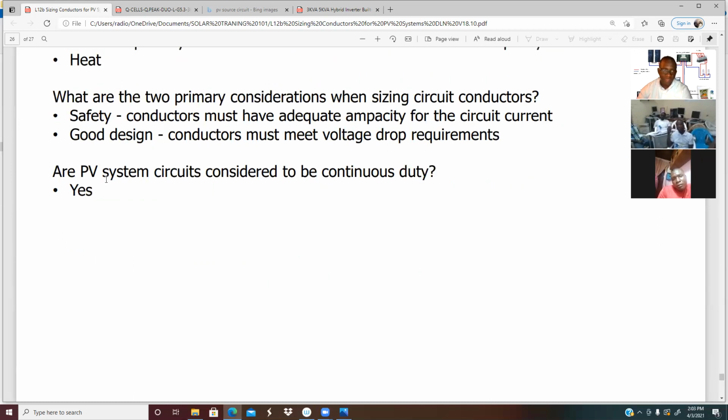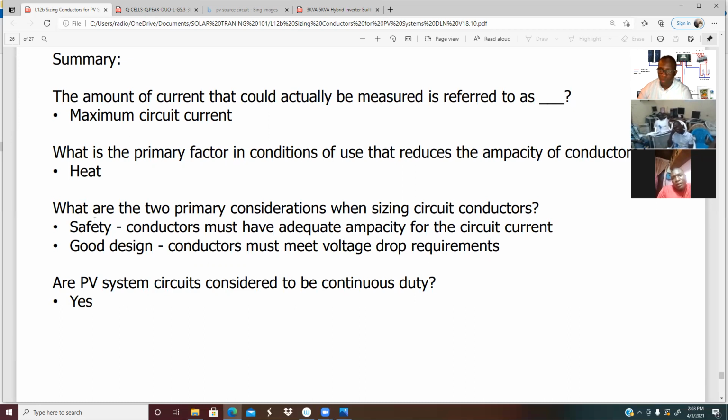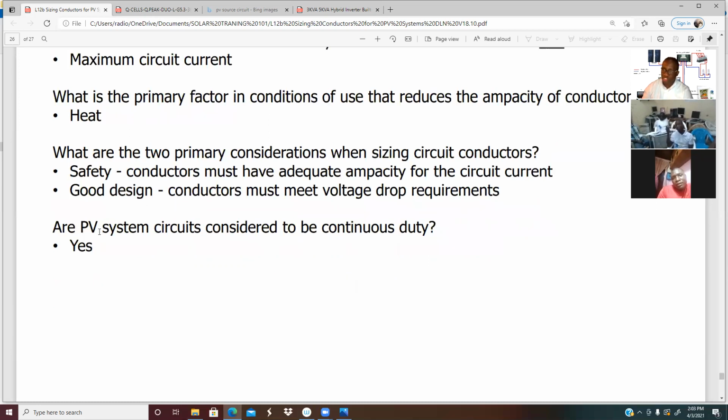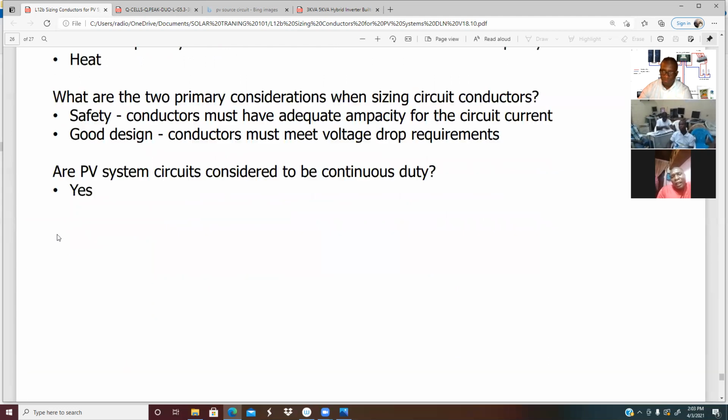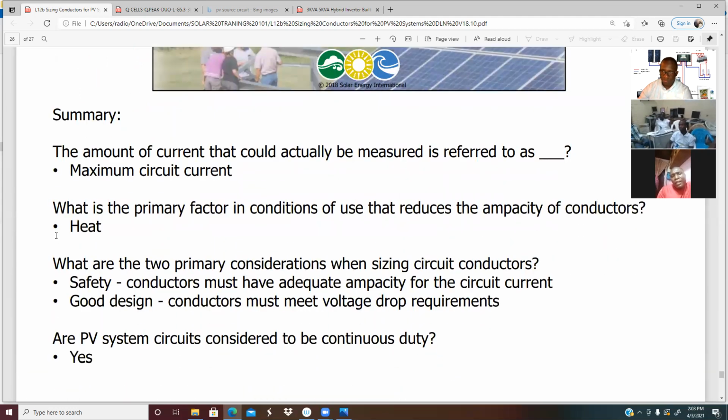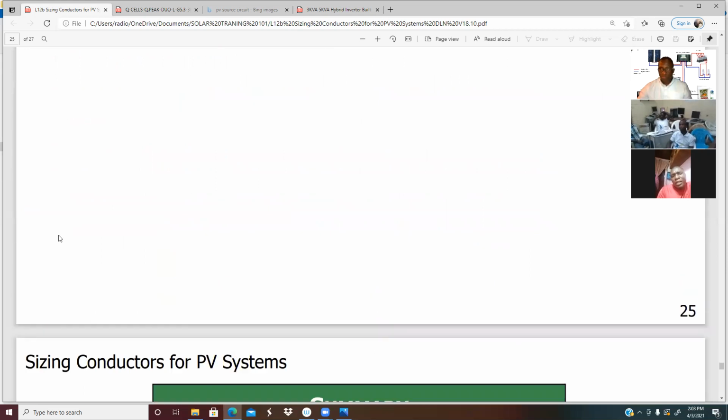Then they ask, are PV system circuits considered to be continuous duty? Yes. Remember we spoke about continuous duty, when the sun goes above the required irradiance. When the sun goes up high. But in these places, the sun is always stable.